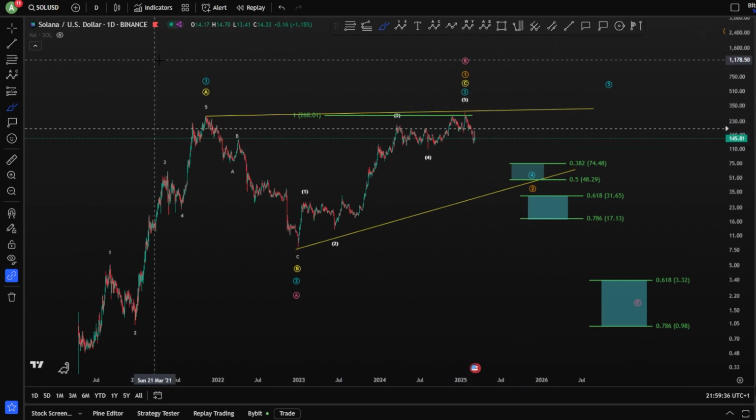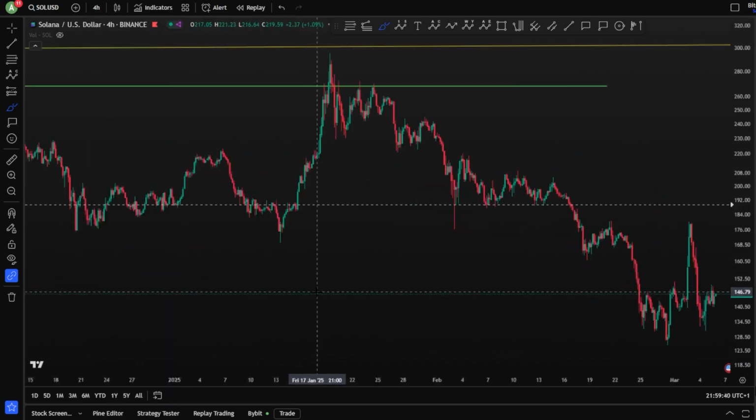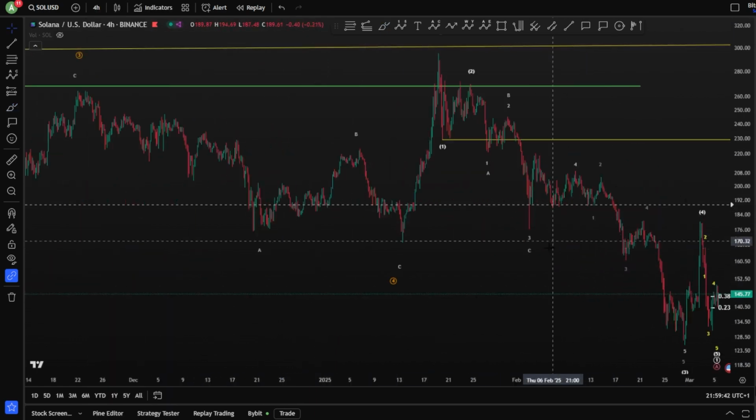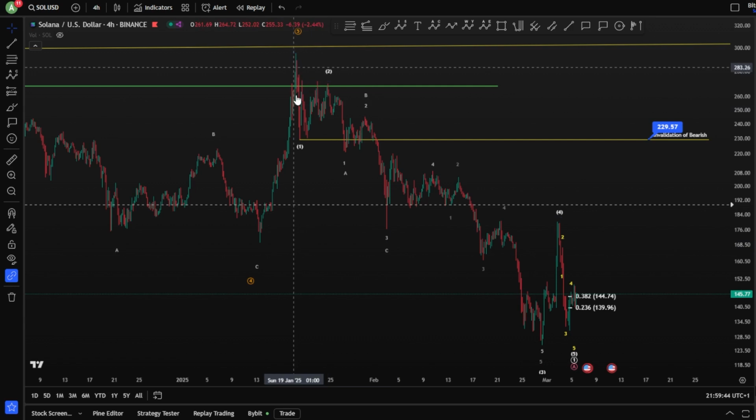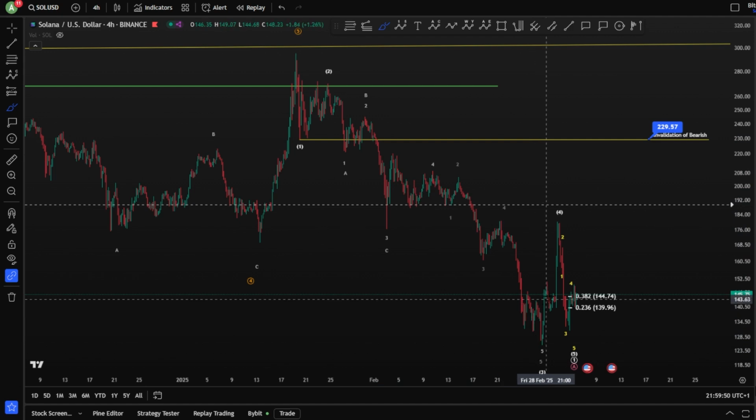So let's move inside it, inside this wave on the 4-hour chart to reanalyze this pattern. So we are looking potentially at double 1-2s here, and we're looking for a wave 3, 4 and a 5, very long wave 5.